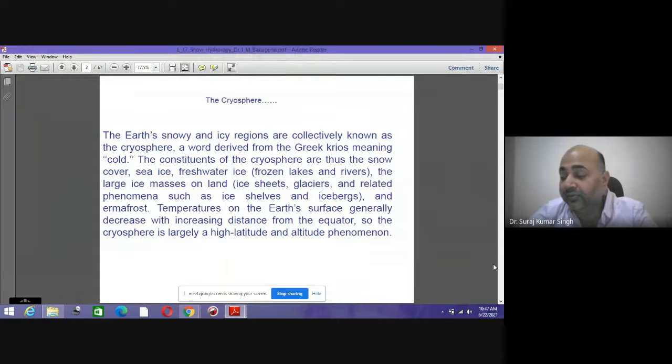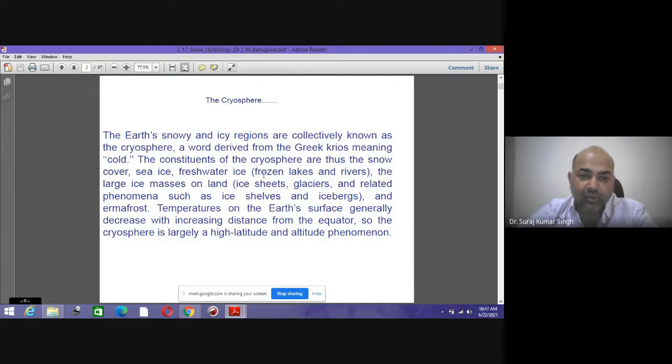So we have already seen how this remote sensing will be used for such studies. And now we'll be looking at how remote sensing will be used for various kinds of cryosphere understanding, like glaciers.